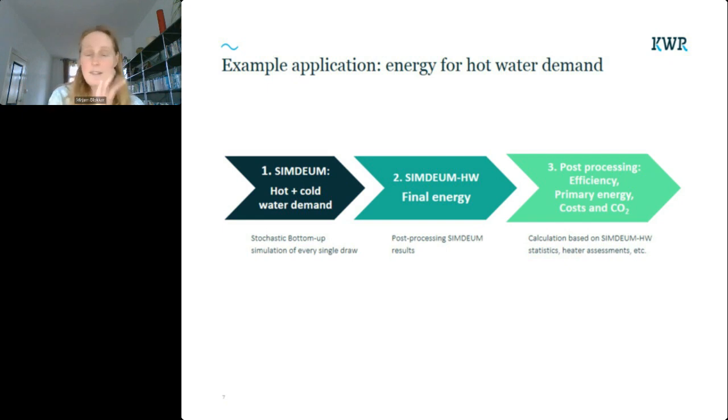So the basic modeling setup is we have the demand model, then we add hydraulic modeling with temperature modeling and some post-processing to determine costs.